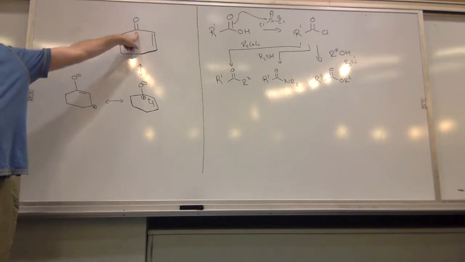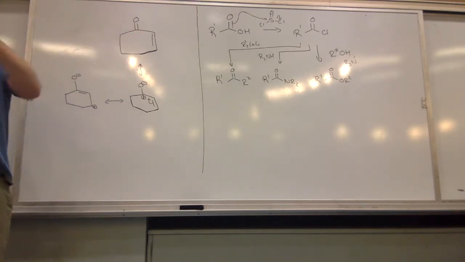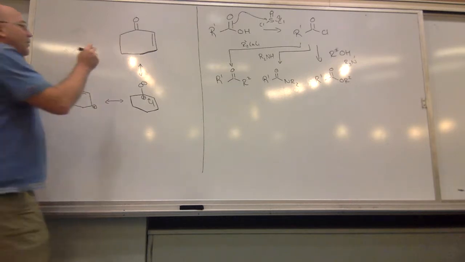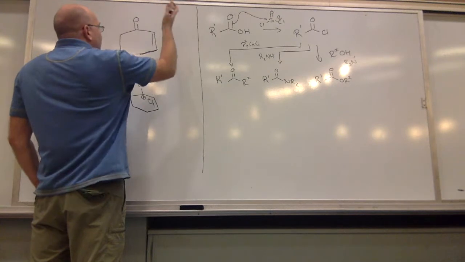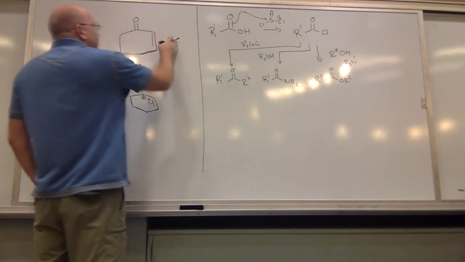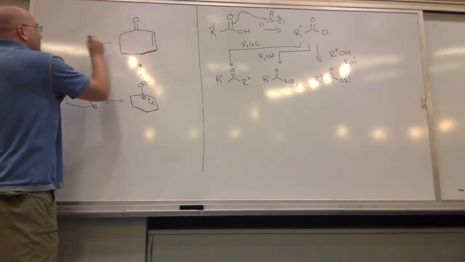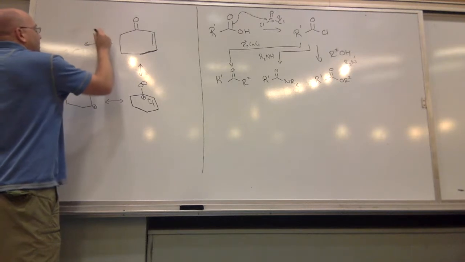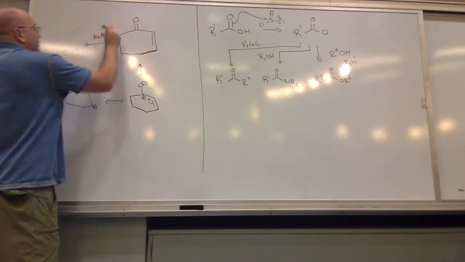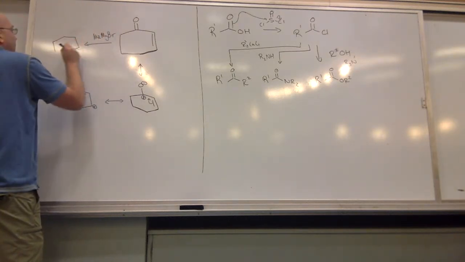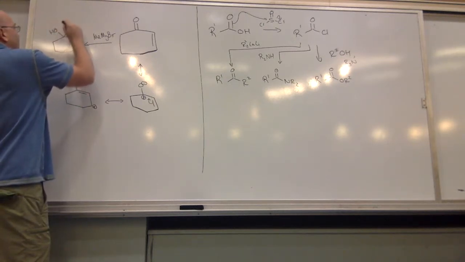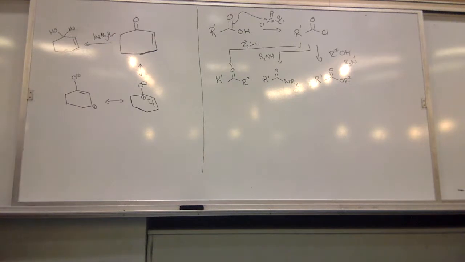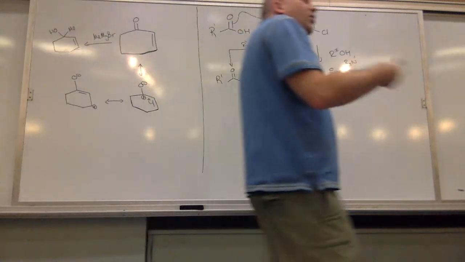What does that mean? Alkyllithiums, for example, and Grignards are fairly charged. So it turns out that if you treat this molecule with, for example, methyl Grignard, after workup you're going to get the addition into the carbonyl carbon.